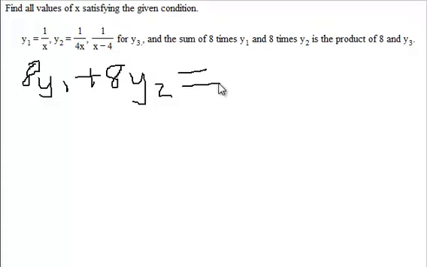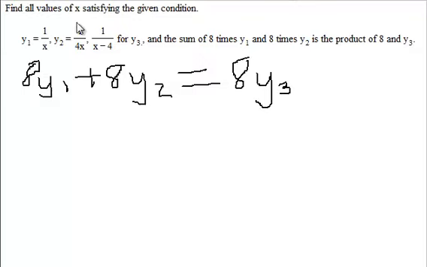So we replace "is" with equals, and product means that we're multiplying. The product of 8 and y3 means multiply 8 times y3. So in this particular equation, before we replace y1, y2, and y3 with their given expressions, we can divide 8 out of this problem.